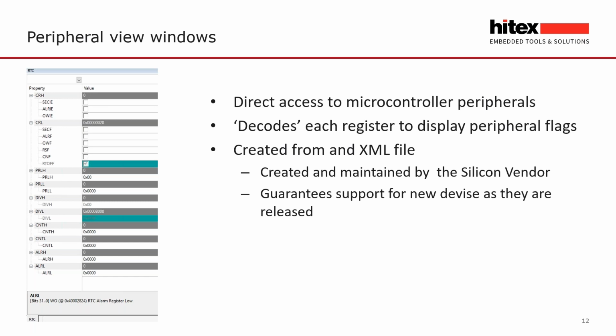This greatly speeds up our ability to provide support for new devices, so that when the silicon is released and available to customers, all of the peripheral support within a debugger should be ready to go. Again, you're not on the bleeding edge waiting a month or two for proper debugger support.